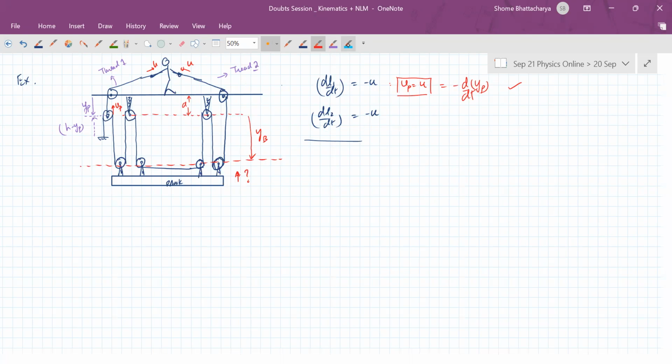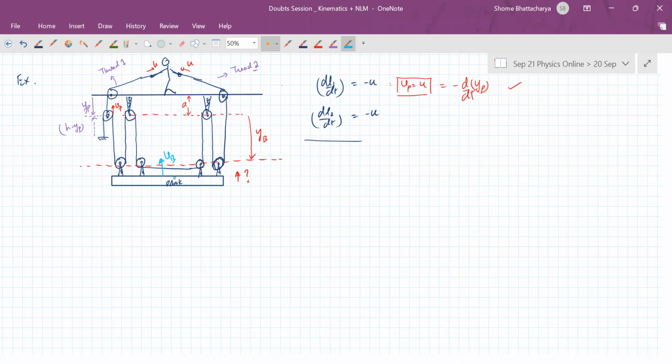Sir, just wanted to ask, what is yp and yb? Yp is the position of this pulley with respect to this ground level. You understand it? It's just this displacement kind of thing. The position vector. Is it clear?